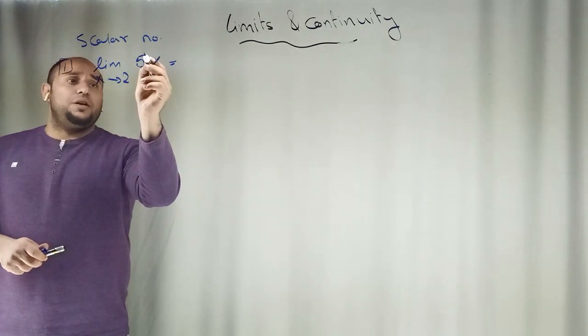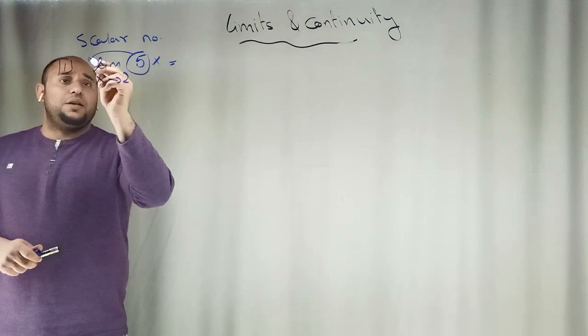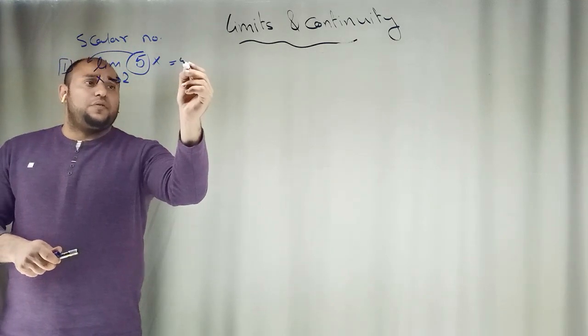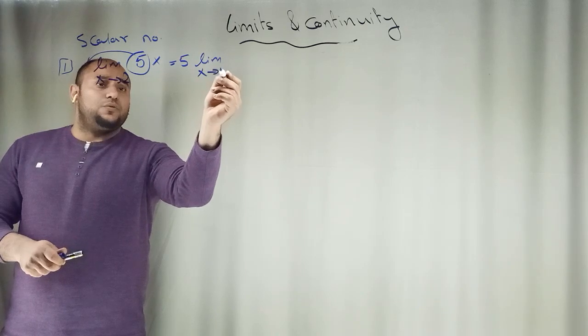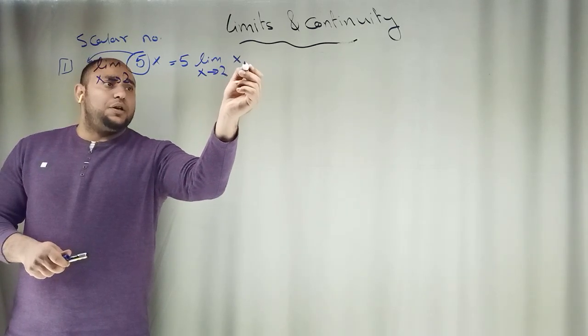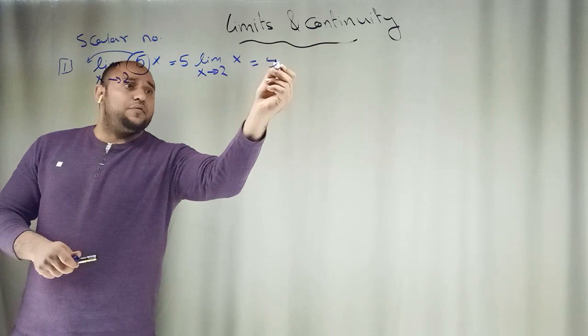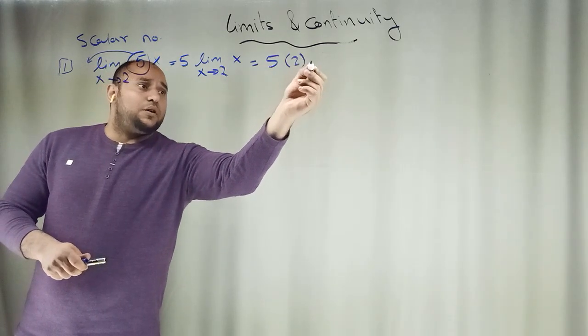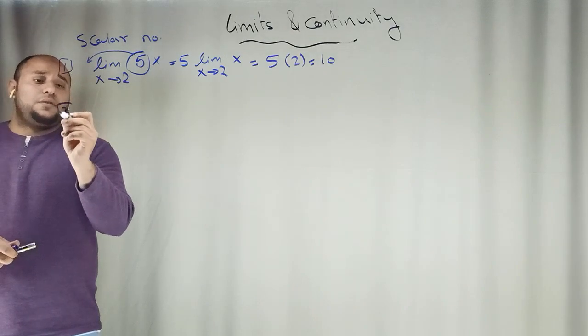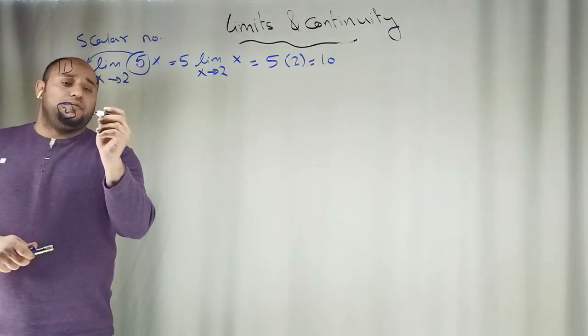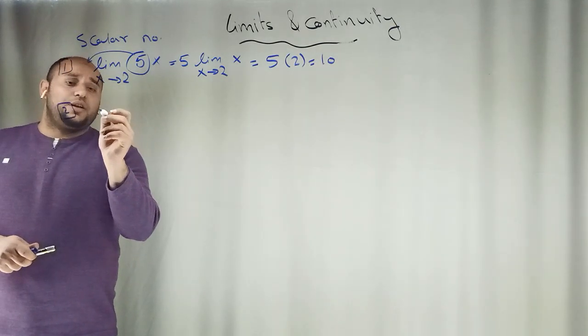I told you any scalar number you can take outside. It's 5 times the limit as x approaches 2 of x. It will be equal to 5 multiplied by 2.